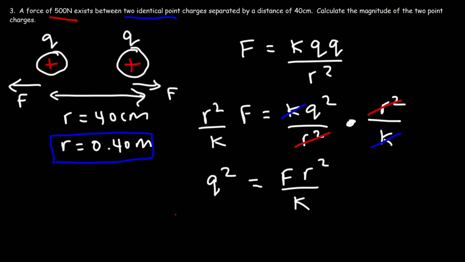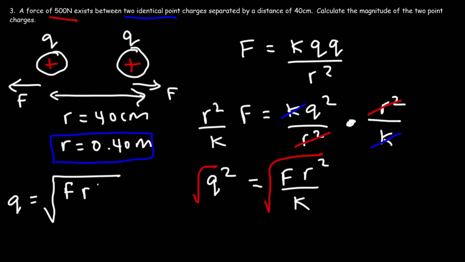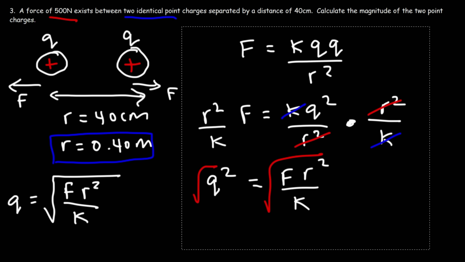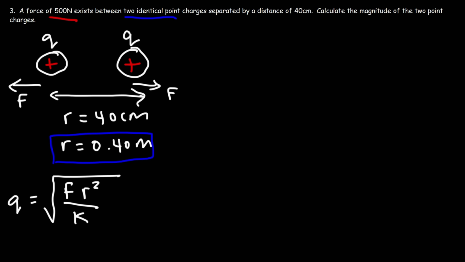Now to get Q, we need to take the square root of both sides. So for this particular problem, because the 2 charges are identical, we can calculate Q using this formula. It's going to be equal to the square root of the force times the square of the distance divided by K. So the force is 500 newtons.